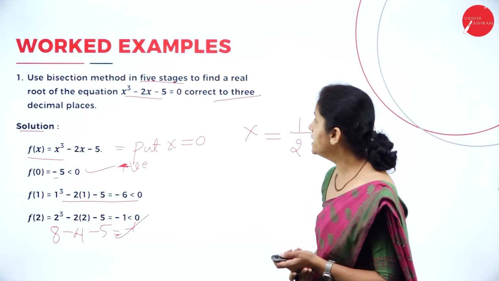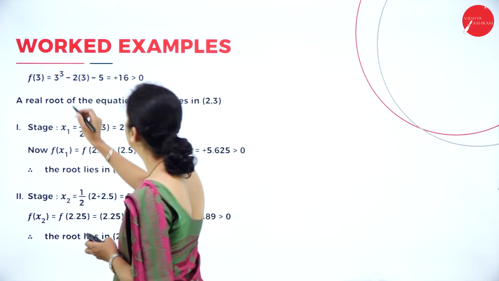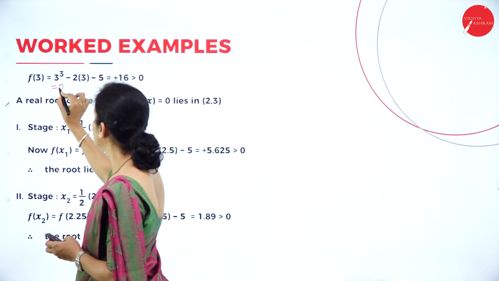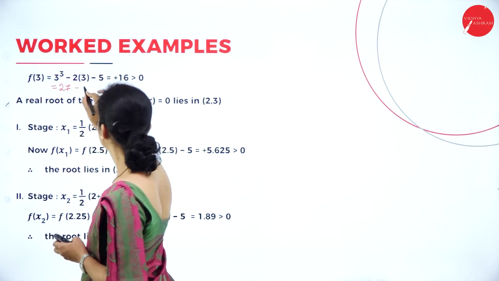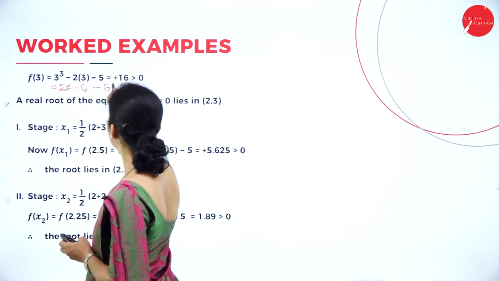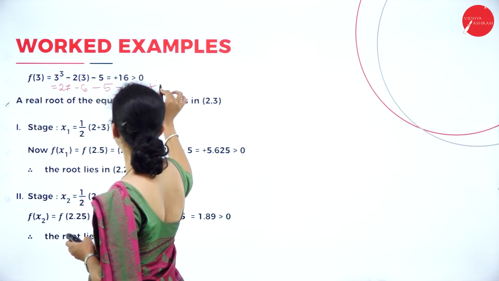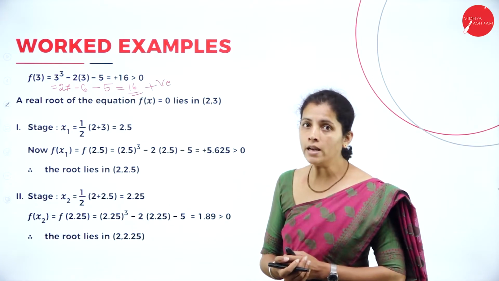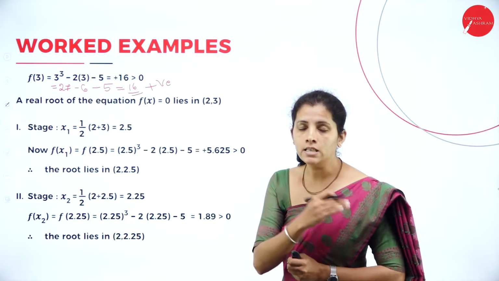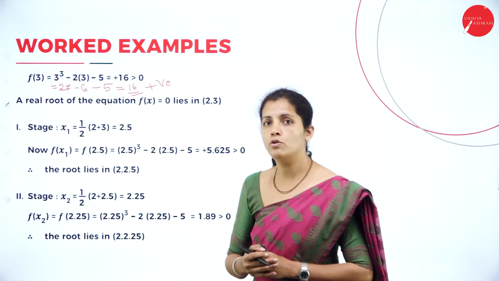Now, dear student, when x equal to 3, it is 27 minus 2 into 3, it is 6, minus 5, it is 16. So, it is a positive number. And according to the explanation, we have to stop when we get one negative value and one positive value.